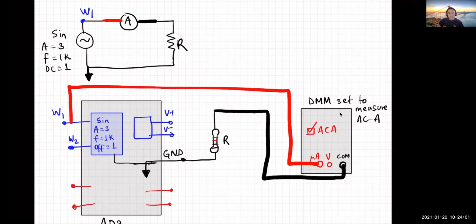So if you don't have the AD2, you'll be doing an LTspice version of the lab. And in that case, if you haven't already, you need to download LTspice and build your circuits and do the measurements by running the simulations.